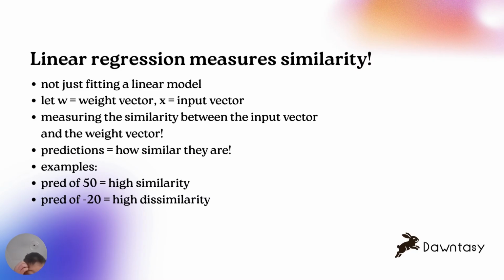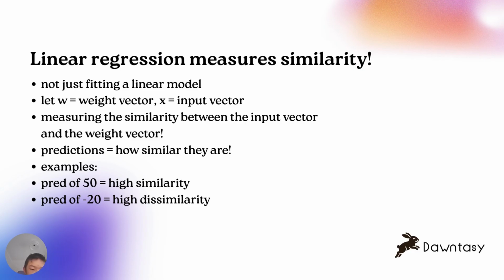Instead of fitting a line of best fit, if we let w be the weight vector and x be the input vector, linear regression is more than that. It's about measuring how similar two vectors are, more precisely, how similar the input vector is relative to the weight vector.